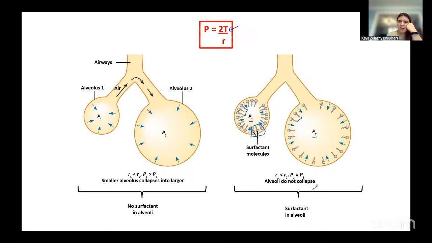Which means that we're able to adjust for that difference in radius and create equal pressures. So now we don't have a gradient between the pressure in this first alveolus and the second alveolus. So the air can stay in both of them at once, which means we can do gas exchange in both of these alveoli, which is great.